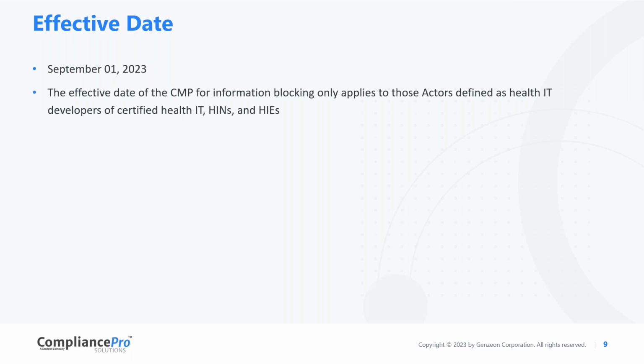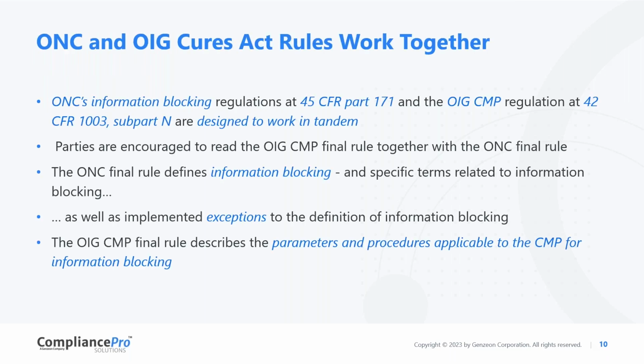So it is not clear cut when providers might be held liable under the information blocking rules in today's world with the civil monetary penalties, much less the appropriate disincentives that are going to come. So basically what they're saying is that as they laid out the ONC rules under 42 CFR 1003 subpart N and 45 CFR 171, they always knew they would work with OIG on the penalties.